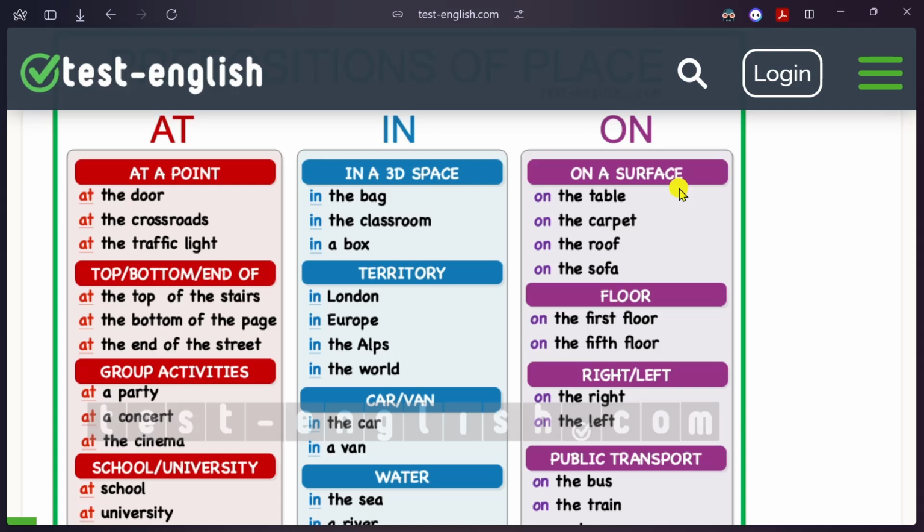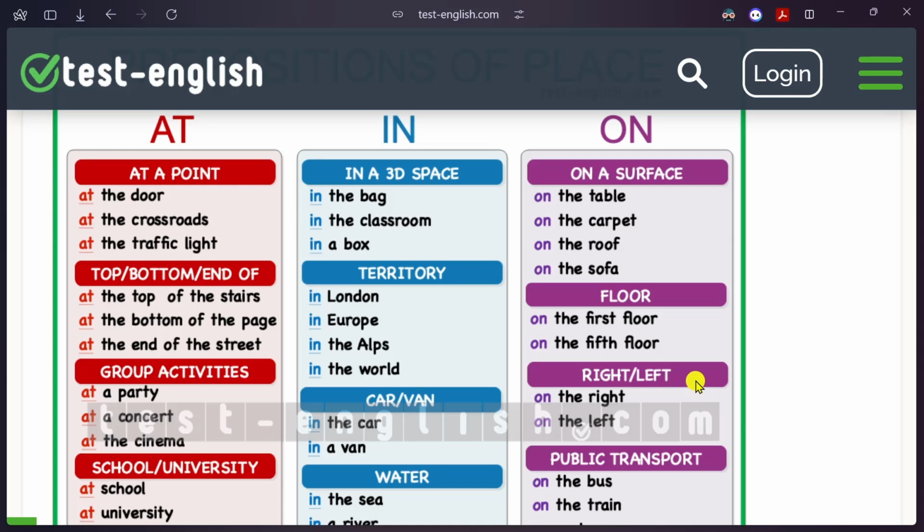Yeah, on top is like this. At the top, then maybe it depends: at the top of the stairs or at the top of the mountain. But on top is like thinking of it as a surface. You're on top. On a surface. Floor.